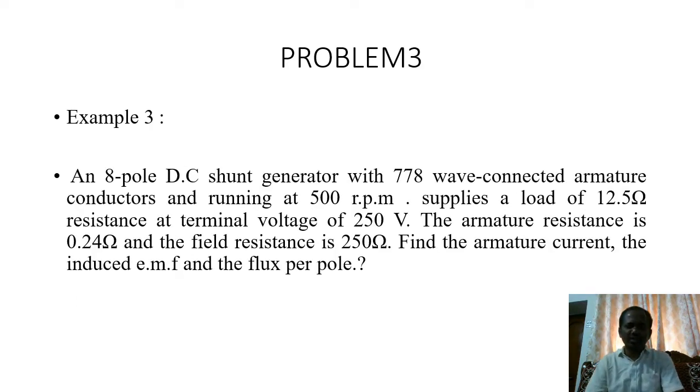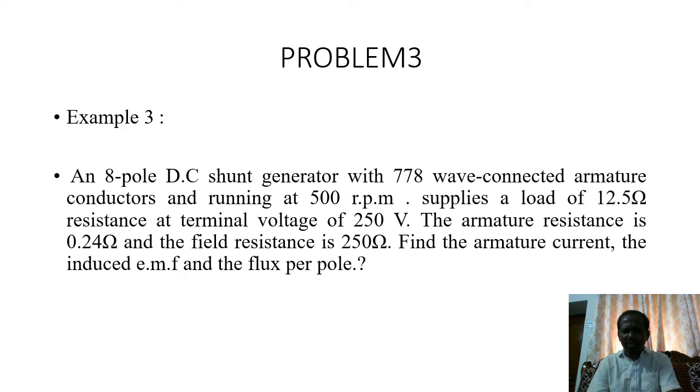So this is also a most important problem from the examination point of view. An 8-pole DC shunt generator. Type of generator is shunt generator. Number of poles is 8. With 778 wave connected armature conductors and running at 500 rpm, it supplies a load of 12.5 ohm resistance at a terminal voltage of 250 volt.